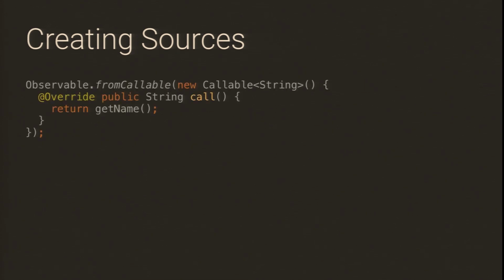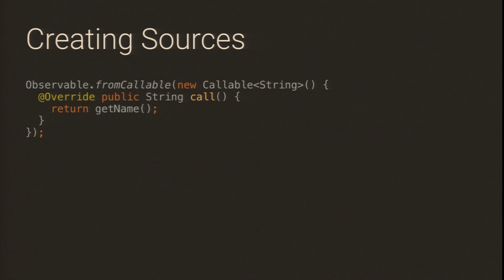So if you have something synchronous, like a method call that returns a value, the easiest way would be this from callable static factory method, which will execute the callable every time someone subscribes. So by subscribing to the observable that's returned from this method, it will in turn execute the callable, which will in turn call the getName function.